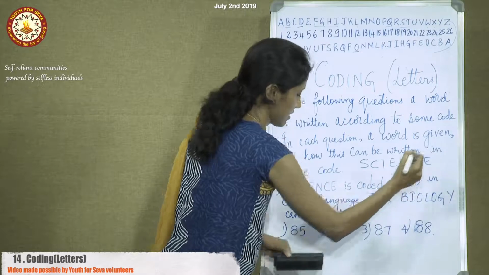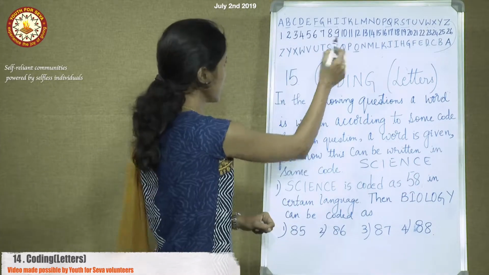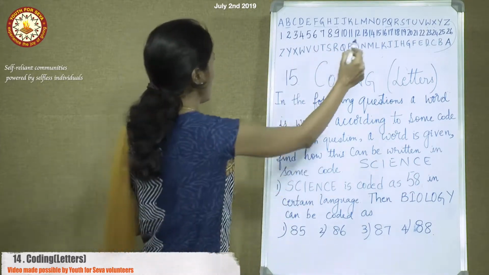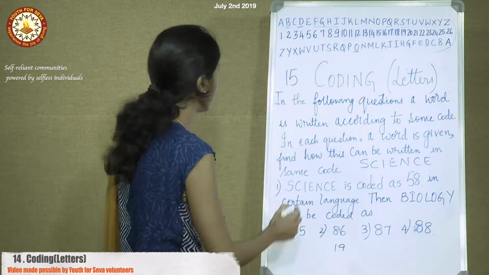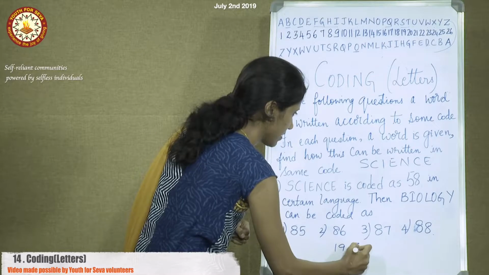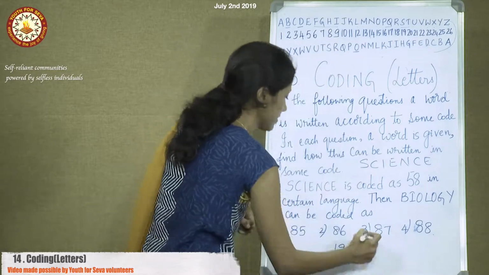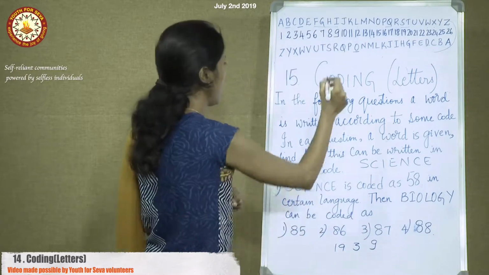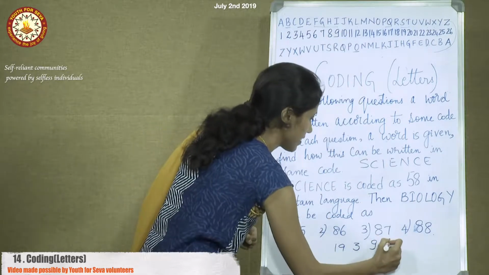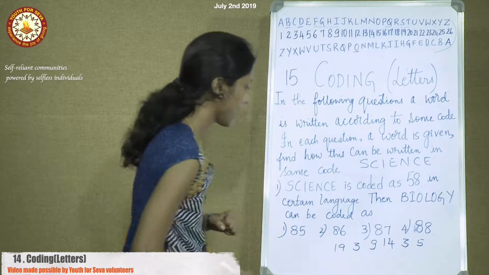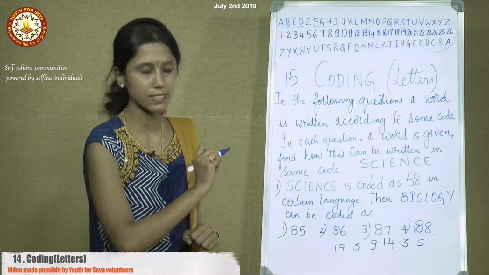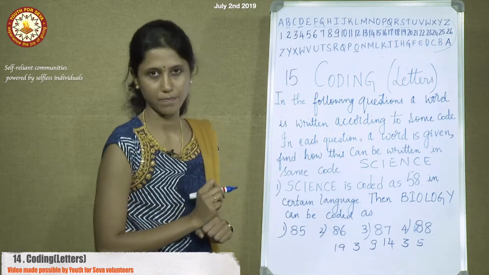S-C-I-E-N-C-E. You can just observe in the forward direction, S is the 19th letter, C is the 3rd letter, I is the 9th letter, and N is the 14th letter, and C is again the 3rd letter, and E is the 5th letter. So we have the numbers 19, 3, 9, 14, 3 and 5.